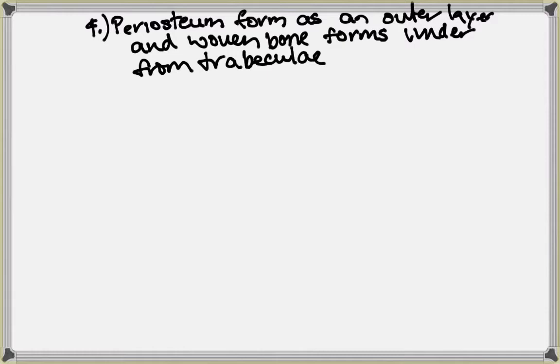And then the very last step for this is that you'll start getting these lamellar sheets, remember? We talked mostly about the concentric lamellae, but there were different types depending on the location.